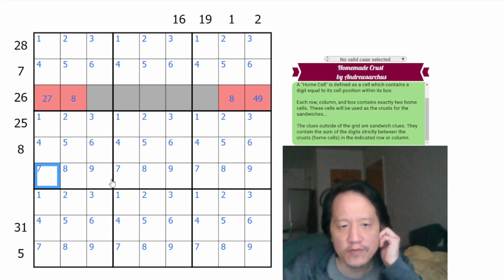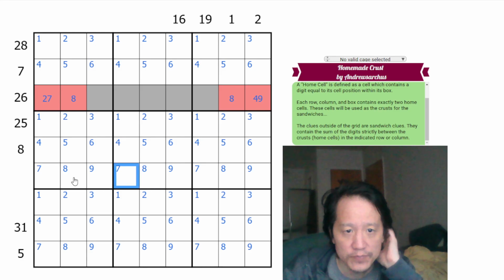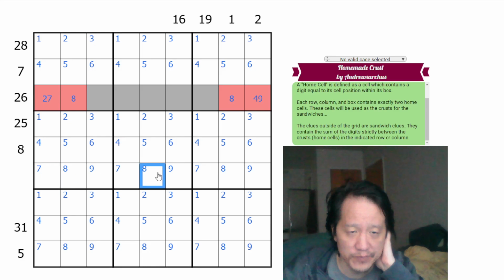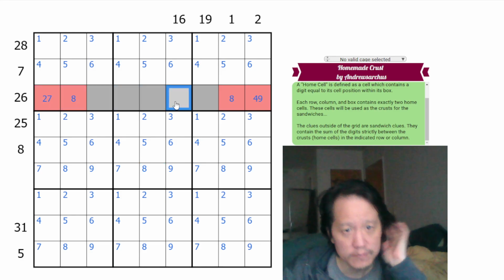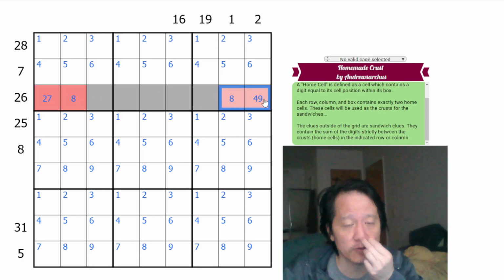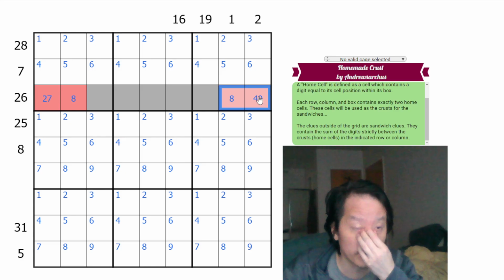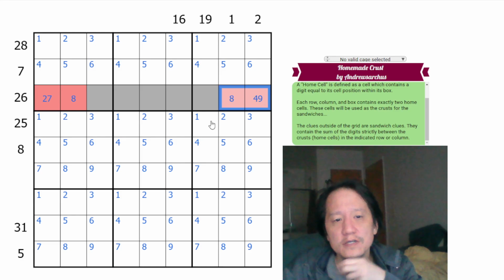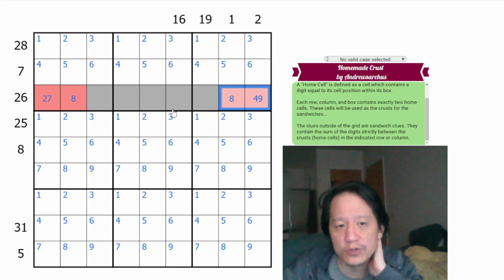Because if you have a 7 anywhere else, this would be 9 plus 6 plus 5 at most, which would be 20. If this is 7 and this is 8, you have 3 outside, which cannot add up to 4, because they're unique digits, and it's normal Sudoku. So yeah, it has to be this combination.